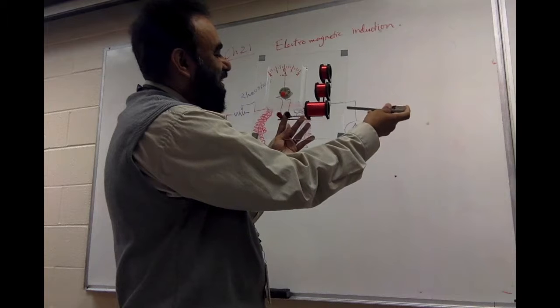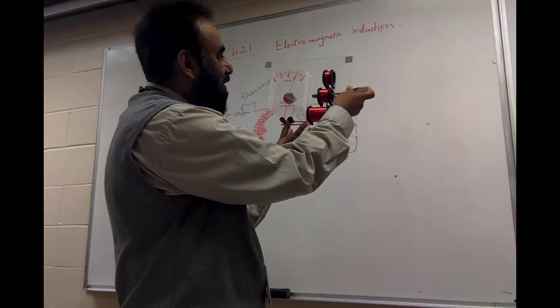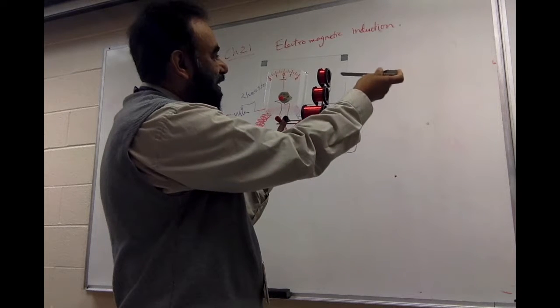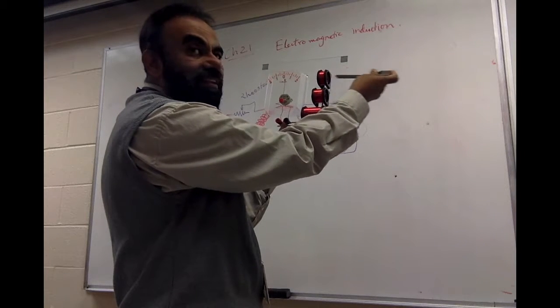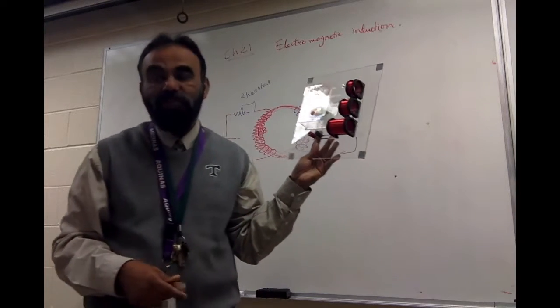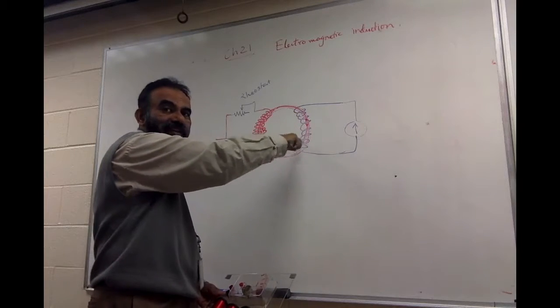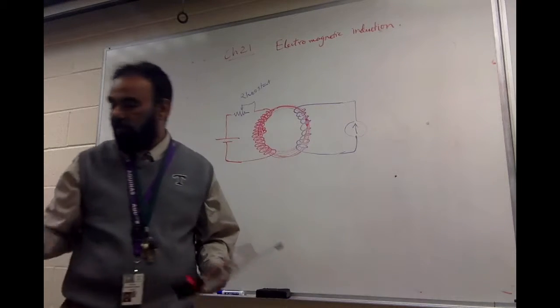Anyway, you can see how it's deflecting nicely here and less here and lesser than that. And the reason is the number of turns, because the number of turns is also equally important in this. So if I have lots of turns here, I can get more deflection there.